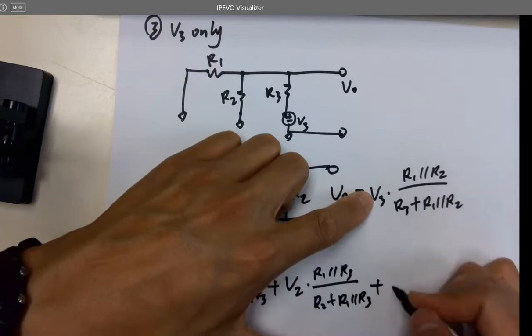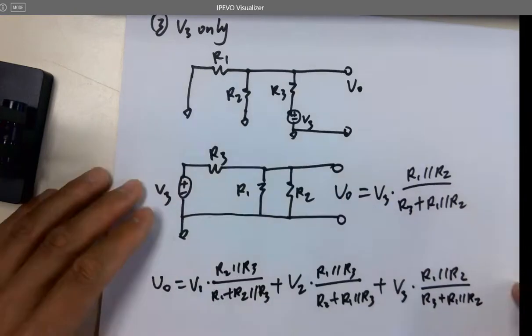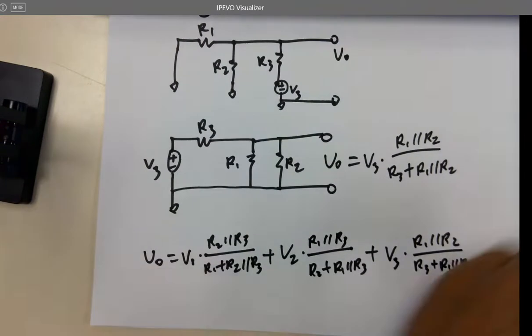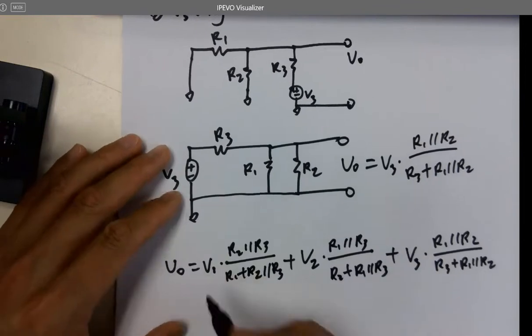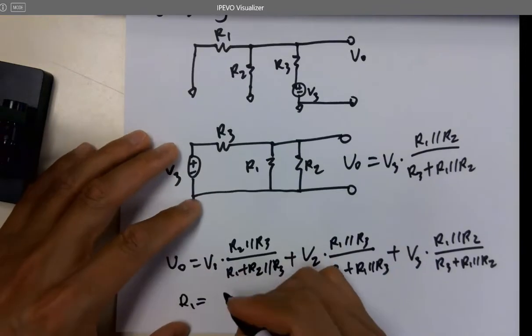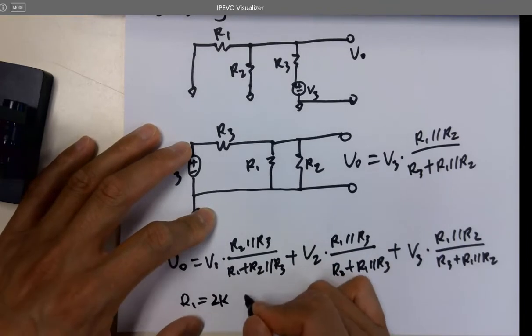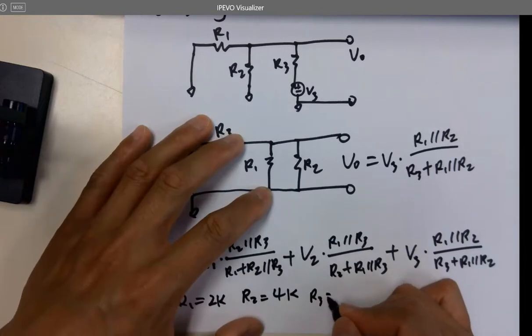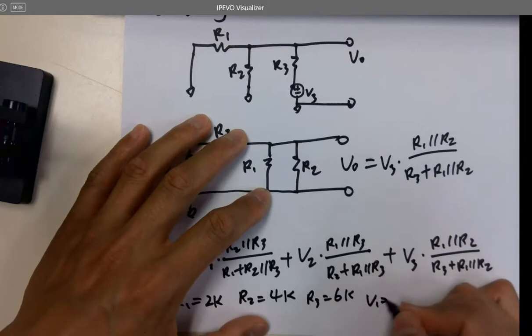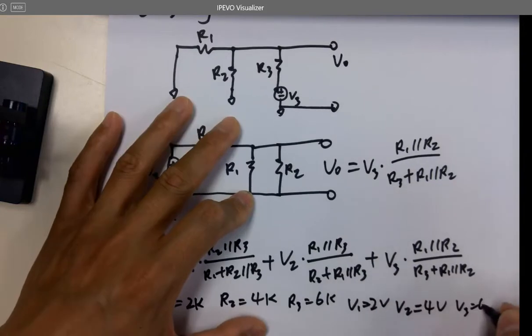So if we give some examples to the circuit, for example, R1 is 2K, R2 is 4K, R3 is 6K, V1 is 2 volts, V2 is 4 volts, V3 is 6 volts.